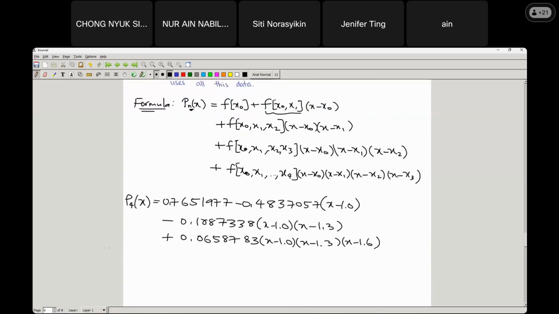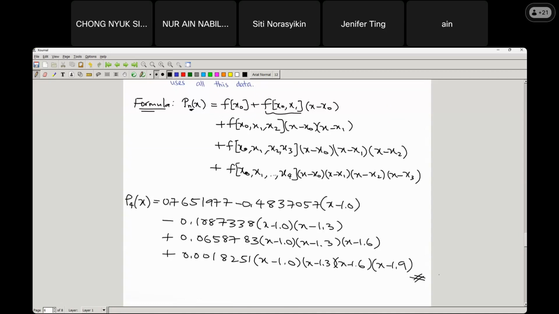And the last one is plus 0.00182251 times (x minus 1.0)(x minus 1.3)(x minus 1.6) times (x minus 1.9). So this will be the answer.